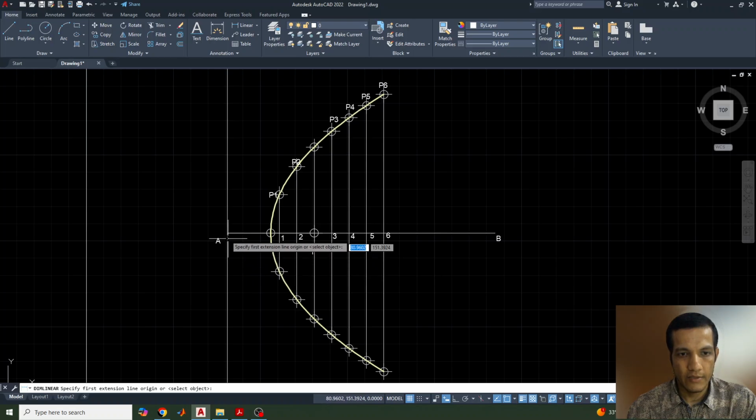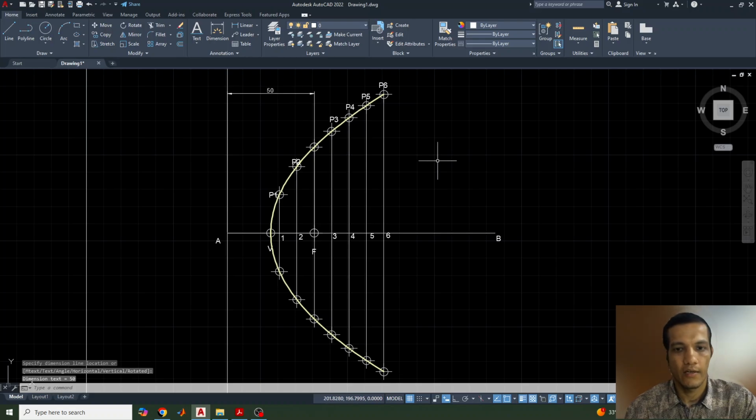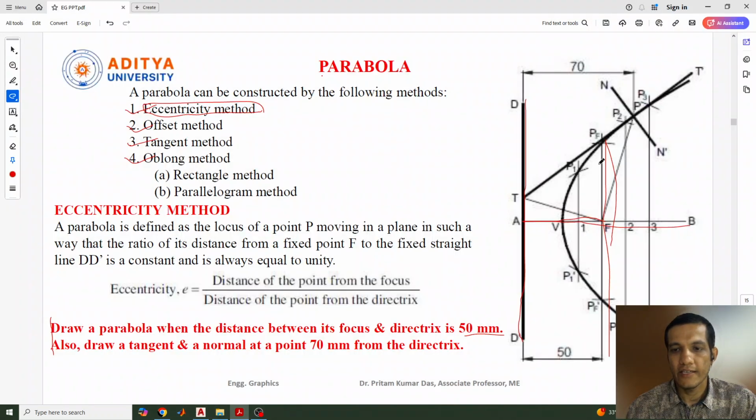Okay, now we need to give the dimension. So the linear dimension from here to the focus is 50, so that we can mark it. And this tangent and normal we already drew in the previous lecture while doing the ellipse or parabola. So that video you can refer to, to draw the normal and tangent by the eccentricity method. Actually that one I have completed during the ellipse lecture.